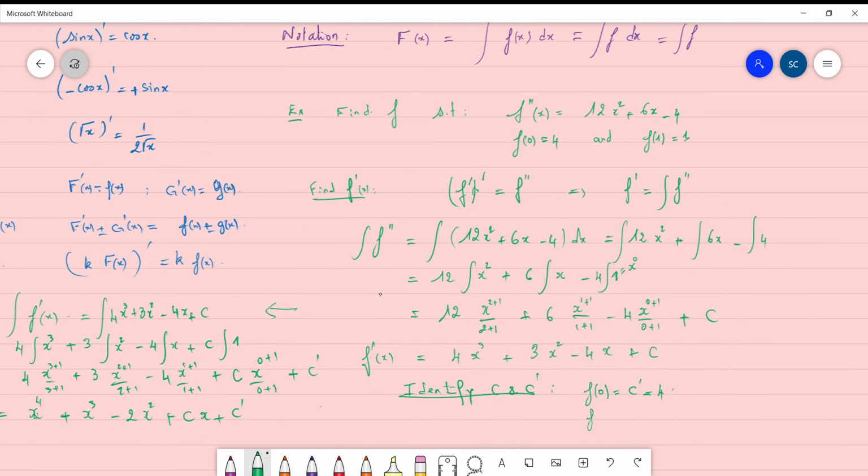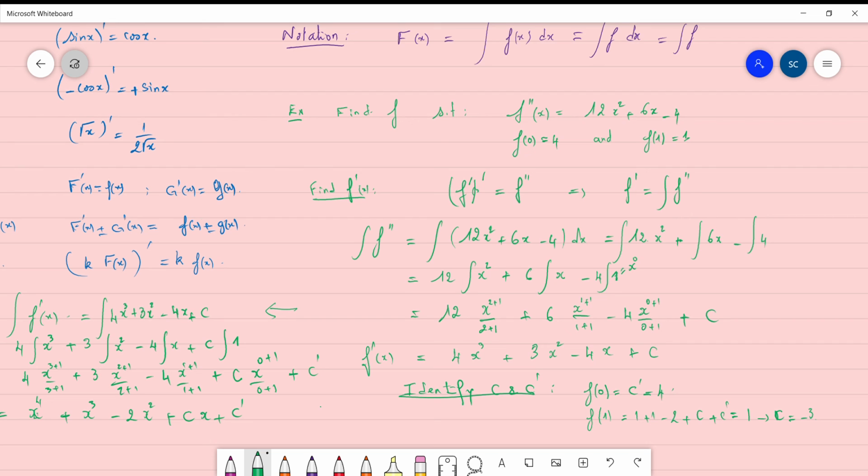Then the second piece of information, f(1) is 1: here you substitute 1 + 1 - 2 + C + C' equal to 1, from which you deduce that C will be 1 minus 4, which is minus 3, and you get your function completely.